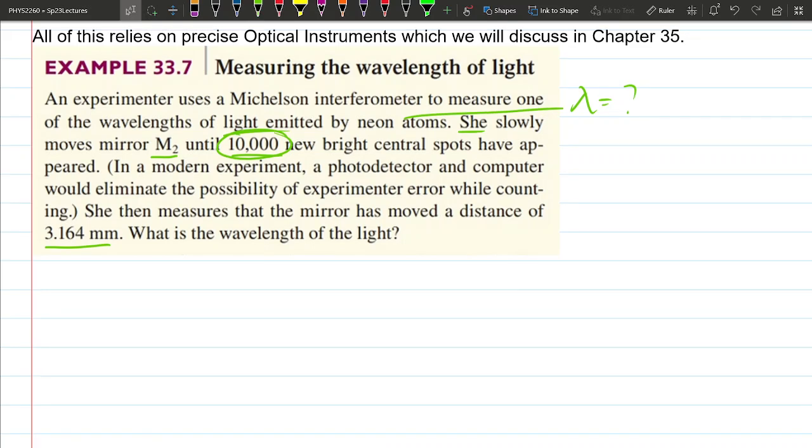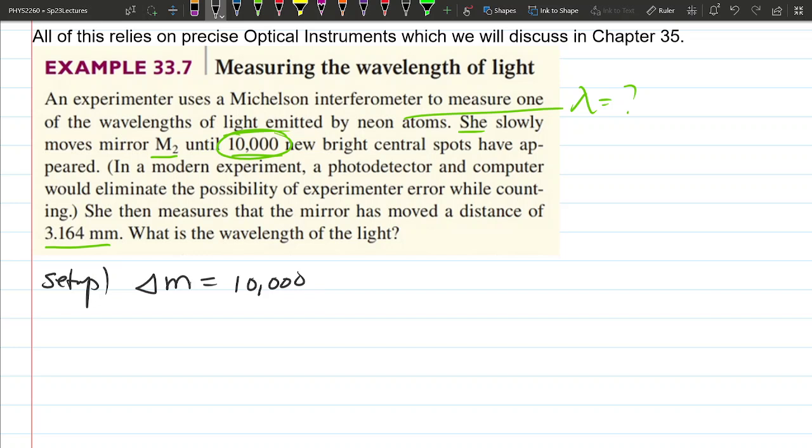So the setup for this is that we're going to have the number of fringes, and the way we're going to quantify that is we're going to call that delta m. Remember, m is basically an integer that we iterate: 1, 2, 3, 4, 5, 6, 7, 8, 9. We have a delta m of 10,000.